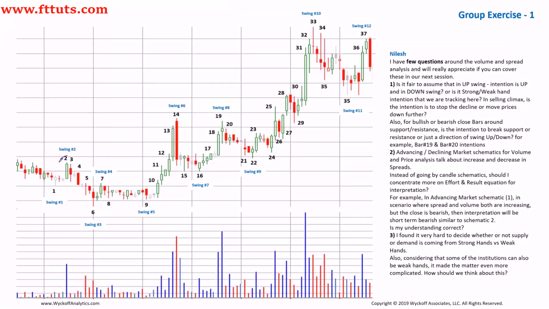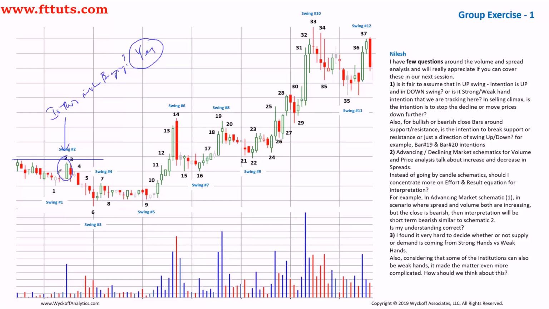So we are talking about this bar, and the question here from Eric is: is this an institutional buy? And the answer to this is most definitely yes. And then we need to think about the intention here, right? So what was the intention?